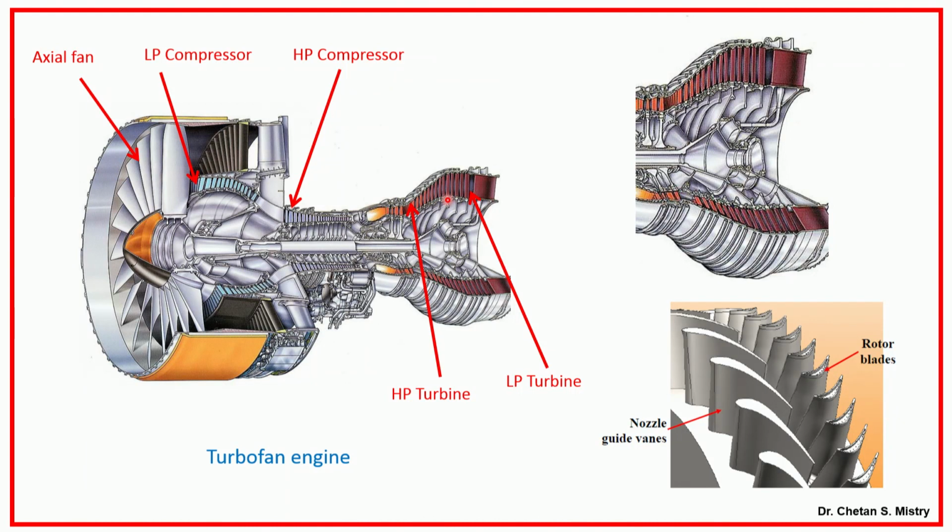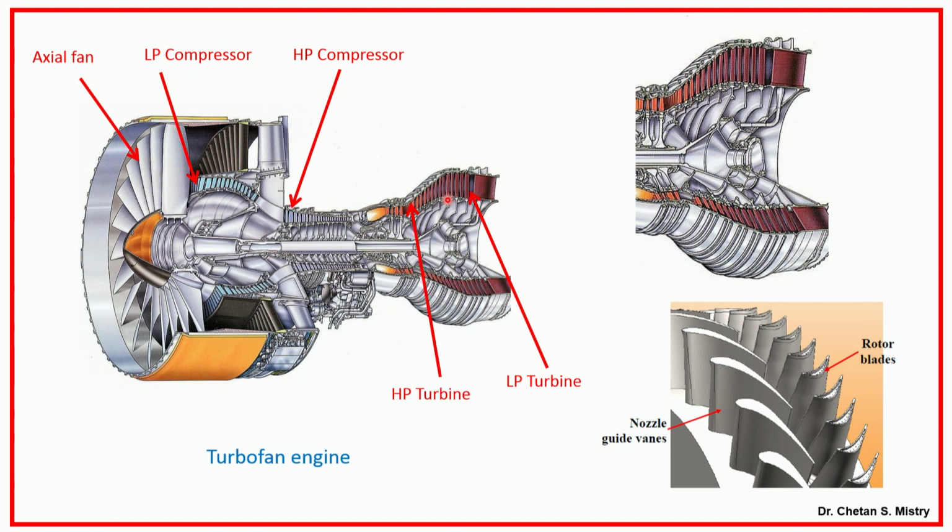Now here in this case, when we are talking about commercial aircraft, you need to rotate the fan, which rotates at the lower speed and is connected to the LP spool. Okay. So here, our target for commercial aircraft is to have very good fuel efficiency in terms of lower specific fuel consumption.